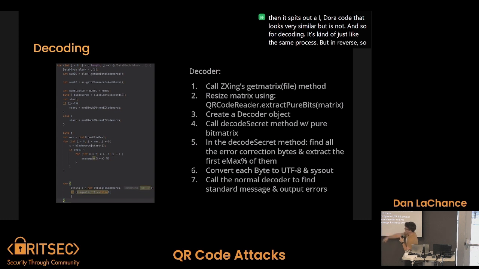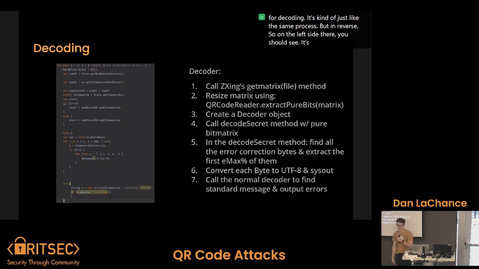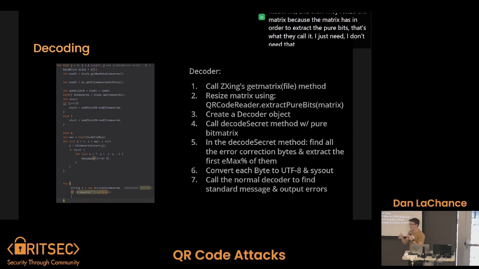So on the left side there, you should see it's kind of similar to what's on the other side. First I start off by calling Zebra Crossing's get matrix, and then I resize the matrix because, in order to extract the pure bits, that's what they call it, I don't need that array, I just need the ones and zeros.